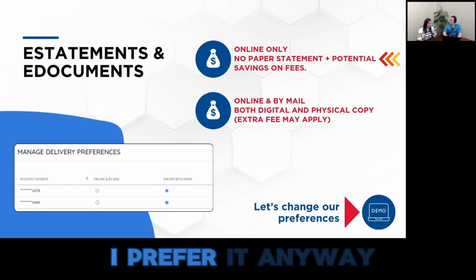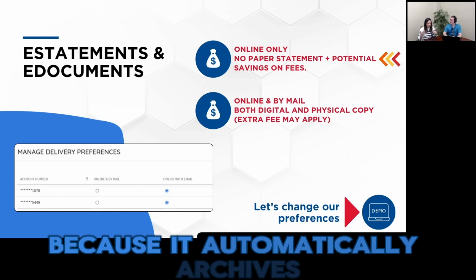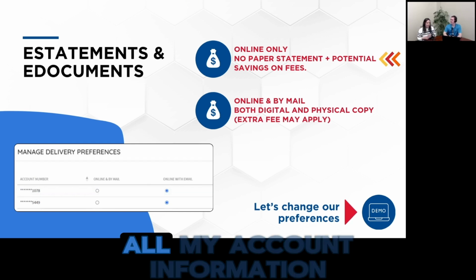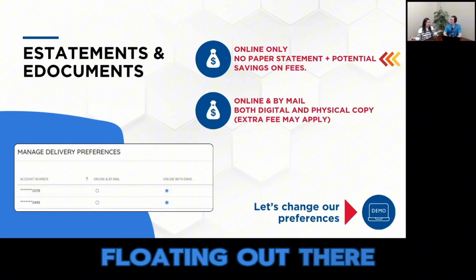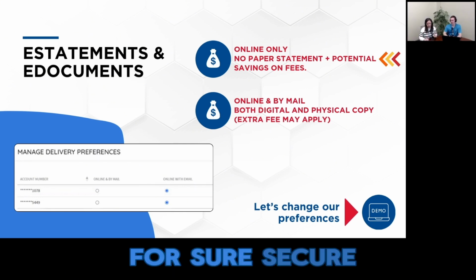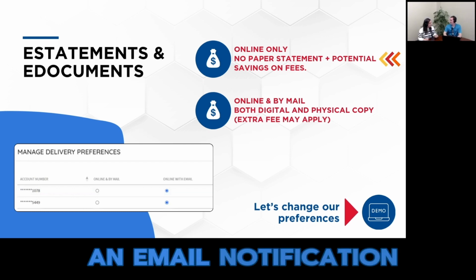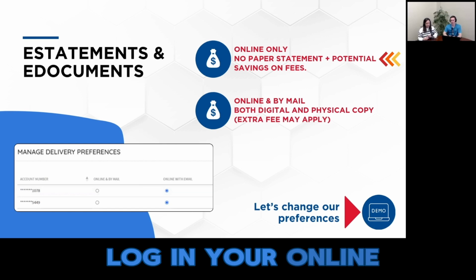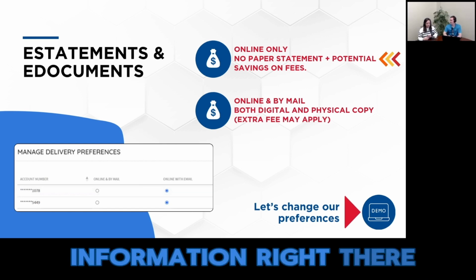And I prefer it anyway because it automatically archives my statements and I don't have all my account information floating out there in the post office, and it's more secure for sure. It's secure, it's easy. You get an email notification when your statement's ready to view at the beginning of the month, and you can just log into your online banking and access all that information right there.